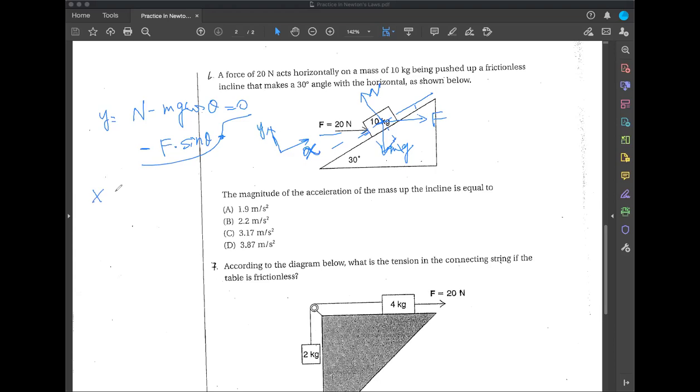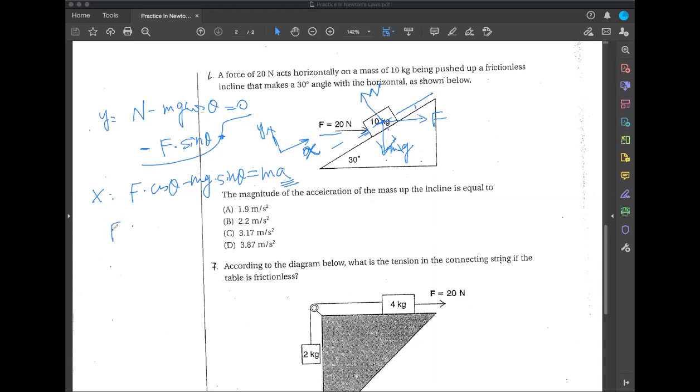In the x direction, we have what? F times cosine theta minus mg times sine theta, right? So that should equal ma. They asked for the magnitude of acceleration of the mass up the incline, so they just asked for this a, right?